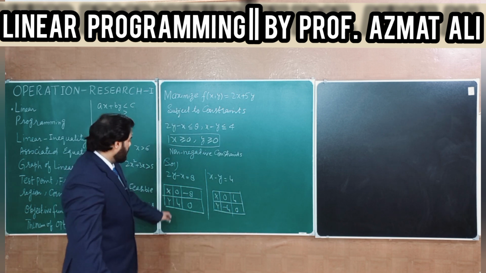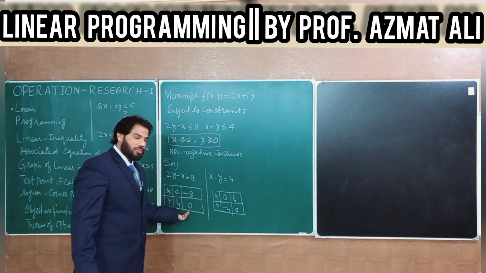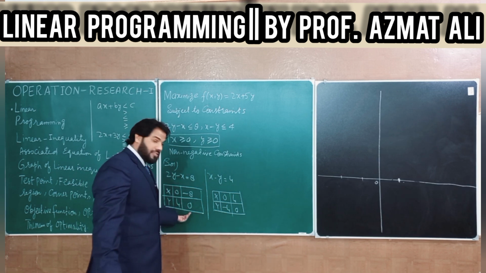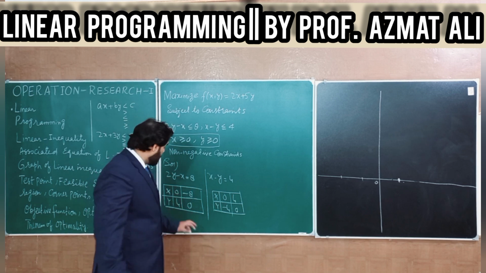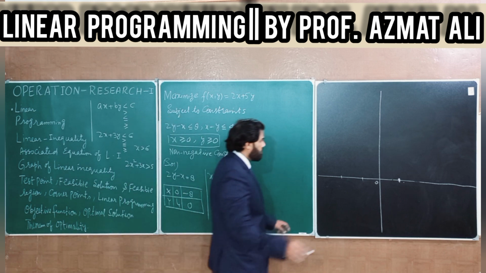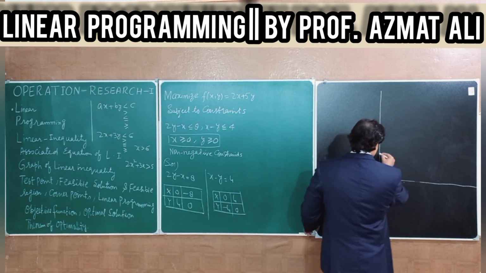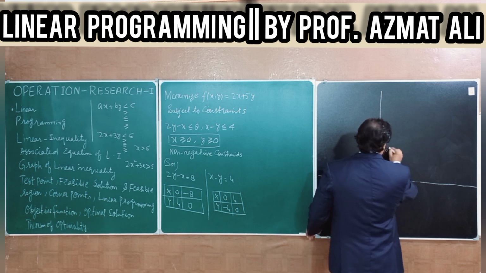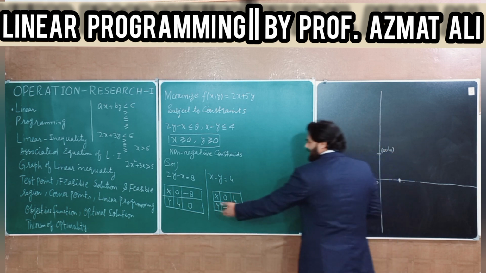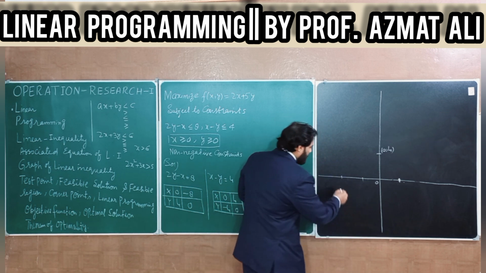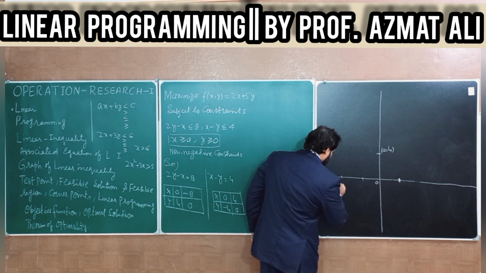Next we draw these intercepts on the x-axis and y-axis. Our first point is (0, 4), that is on the y-axis, the y-intercept. Second is (-8, 0), which lies on the negative x-axis.